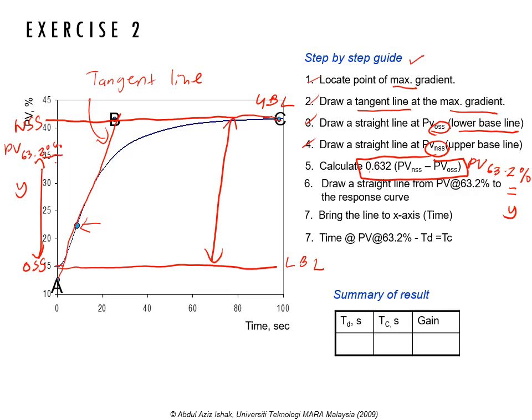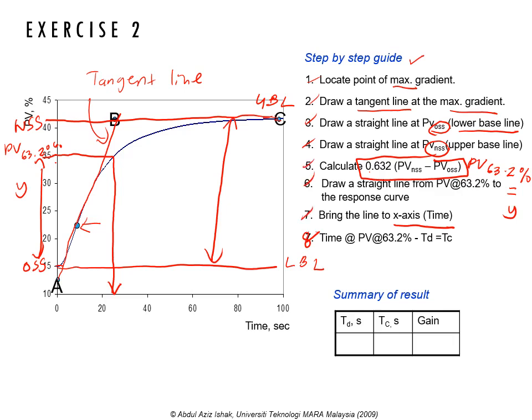Draw a straight line until it touches the process response curve, then draw a vertical line and bring it to the x-axis, and then you can read off the time.